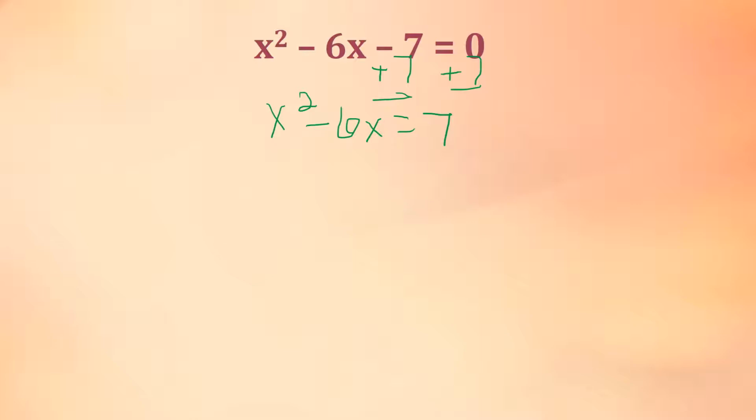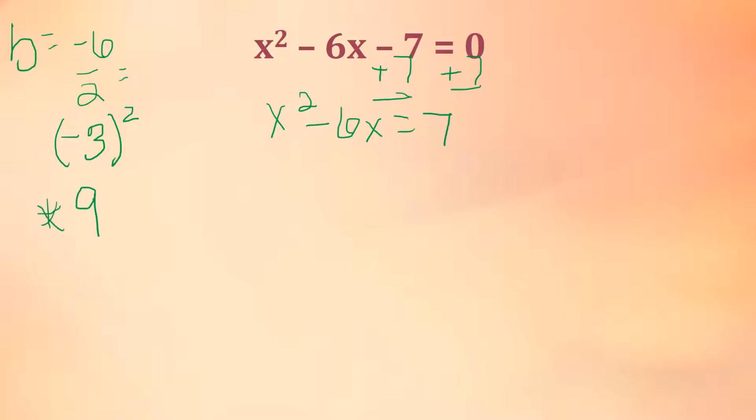Now we're going to identify b. So b is negative 6. We are going to take half of it. Well, half of negative 6 is negative 3. We are now going to square the -3, and that is going to give us 9.